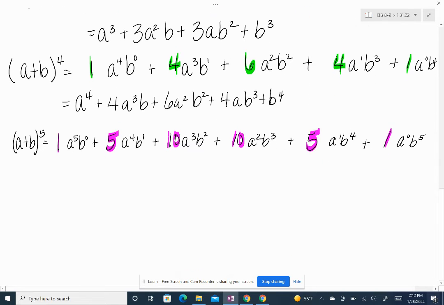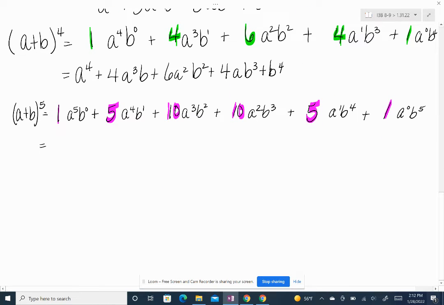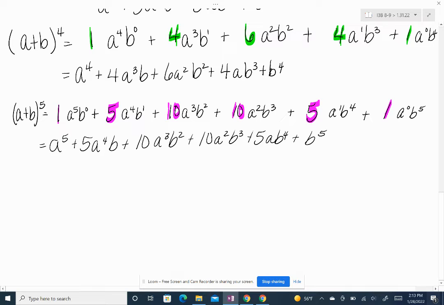Okay, fantastic. Okay, so now we can simplify. So that's just going to be a to the power 5, 5a to the power 4 b, 10a cubed b squared, 10a squared b cubed, 5ab to the power 4, b to the power 5. And that would be your final answer.